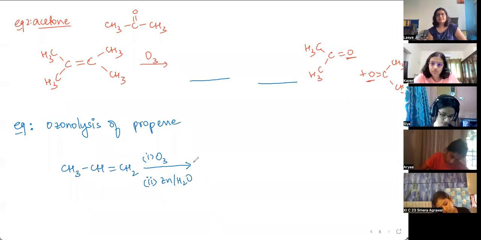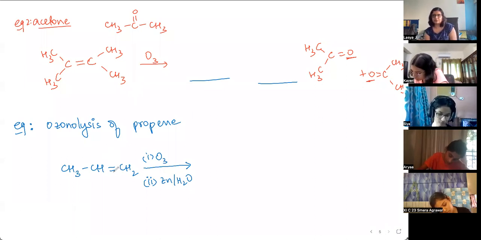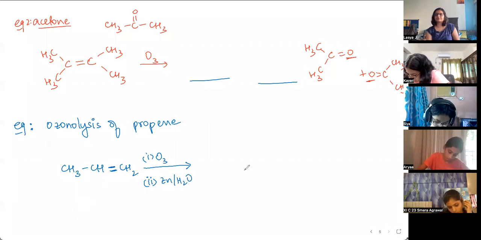Because I took a symmetrical compound, I got the same ketone as the end product. If it's not symmetrical, then you might get two different aldehydes, or an aldehyde and a ketone, or two different ketones. It all depends on what you have on both sides of the double bond.